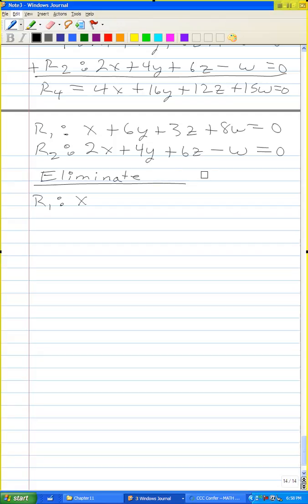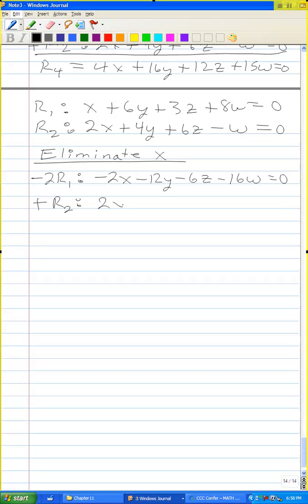Let's eliminate x. So I'll do negative 2 times R1, that'll give me smaller numbers: negative 2x, negative 12y, negative 6z, minus 16w equals 0, plus R2: 2x plus 4y plus 6z minus w equals 0.